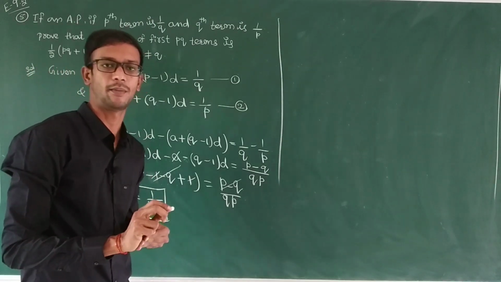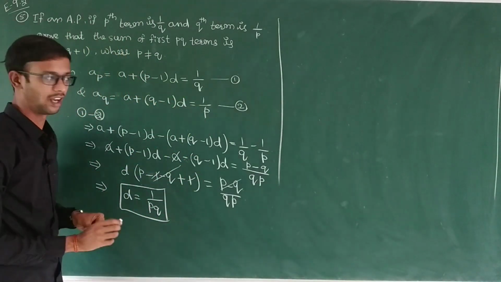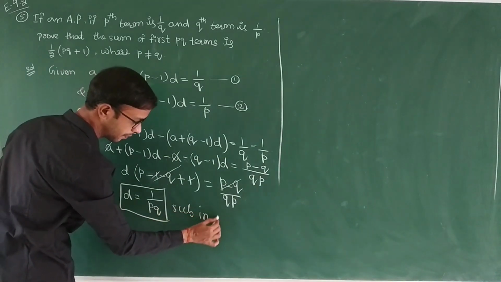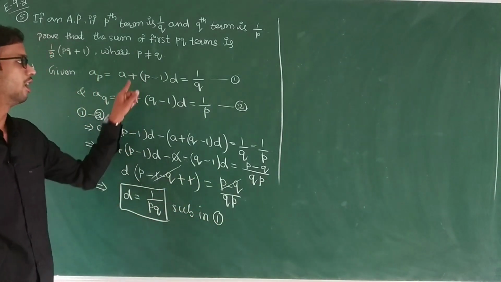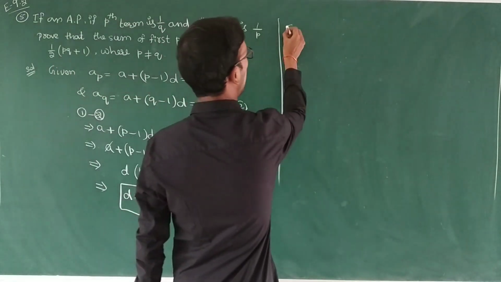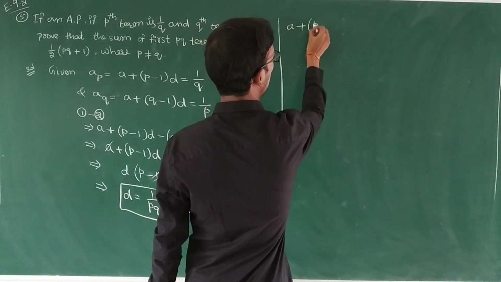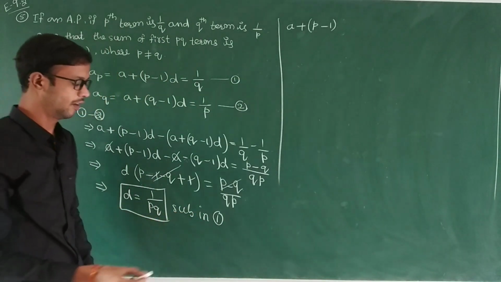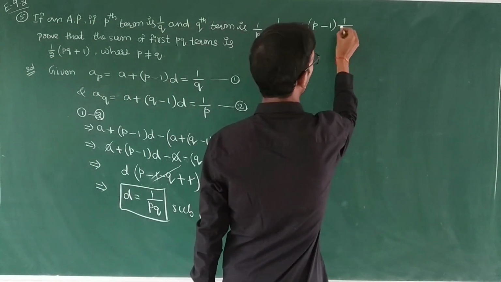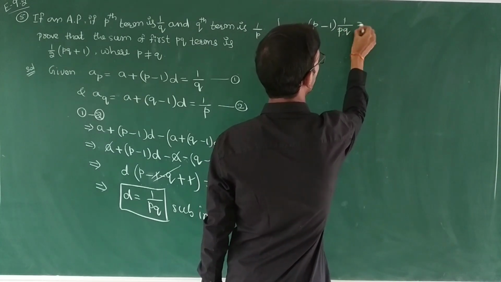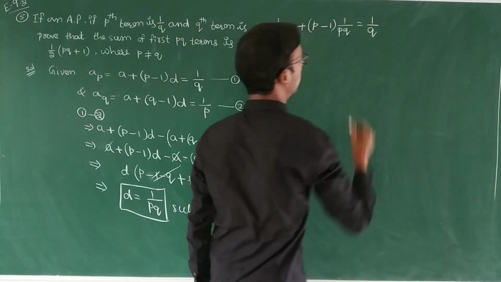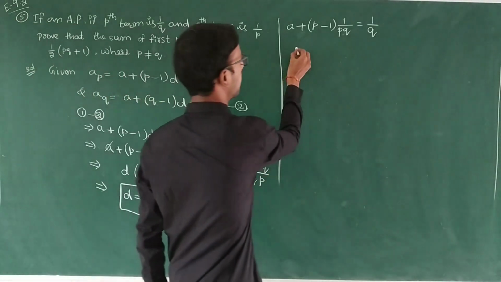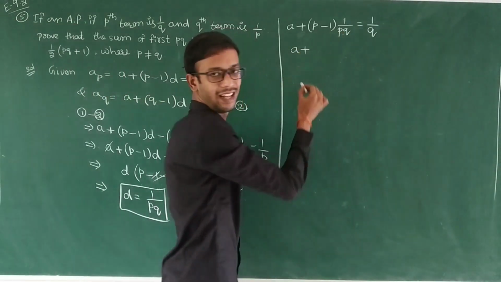Now we got the D value. This D value we substitute in any one equation. I substitute in equation 1. So what will we get here? a plus (p minus 1) into D, the D value is 1 by pq, so (1 by pq) is equal to 1 by q. Now you make the simplification here. Multiply inside.